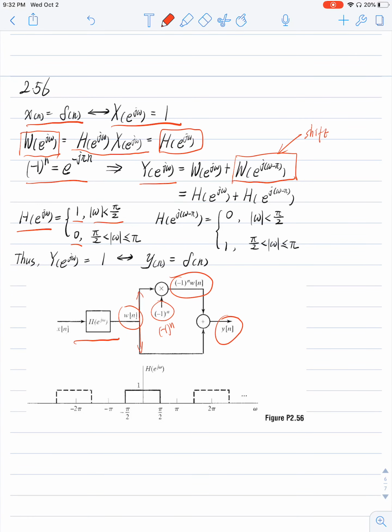So in this way, this equation equals H(e^jω) plus H(e^j(ω-π)). Due to the shift theorem, we can get H(e^j(ω-π)) is like this.